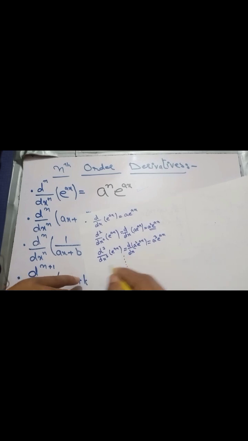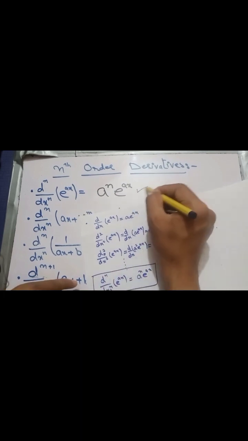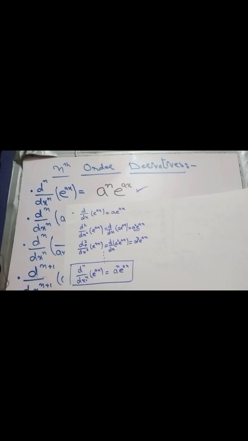So observing that pattern, the nth derivative of this function e power ax will be a power n e raised to power ax. So that is formula one, and we can clearly see the pattern.